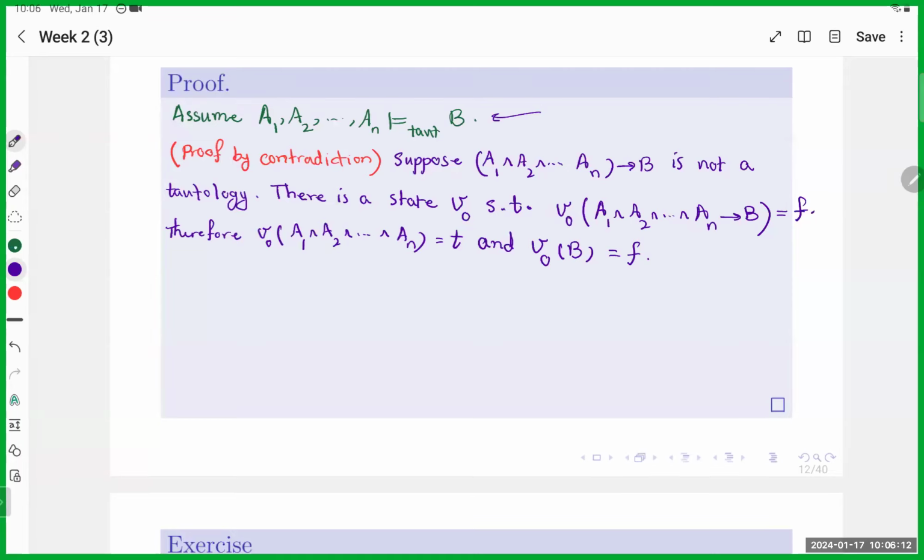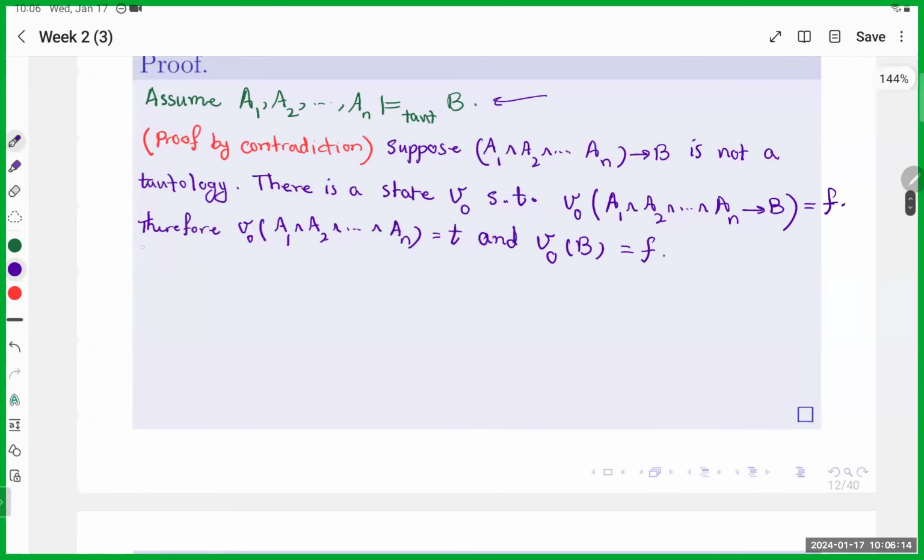So let me just explain a little bit more. This implies V0 of A1, V0 of A2, and V0 of AN, they're all true, but V0 of B is false.